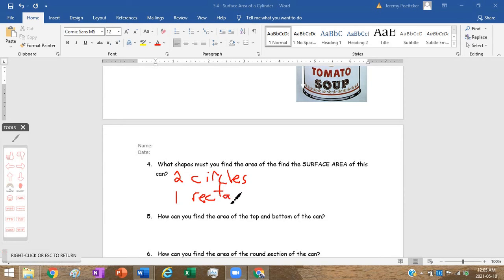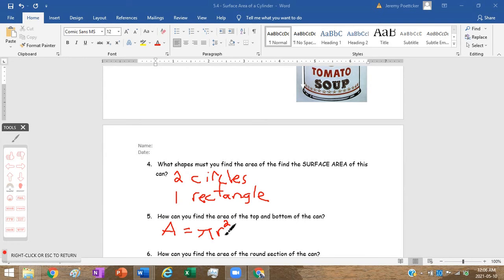Lovely, that's not too bad. All right, how can you find the area of the top and bottom of the can? Well, it's a circle. Area of a circle, we know that formula. Area is equal to pi r squared.